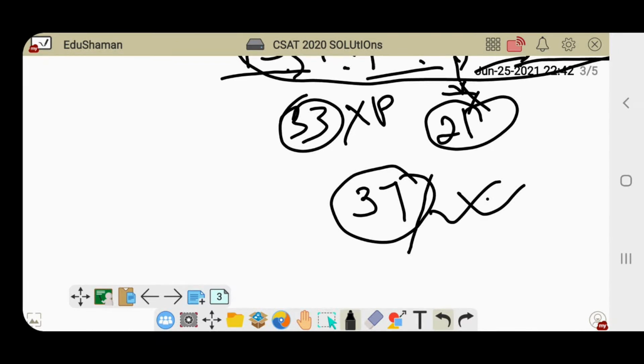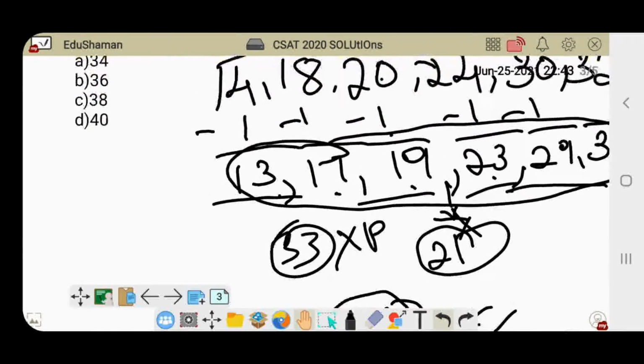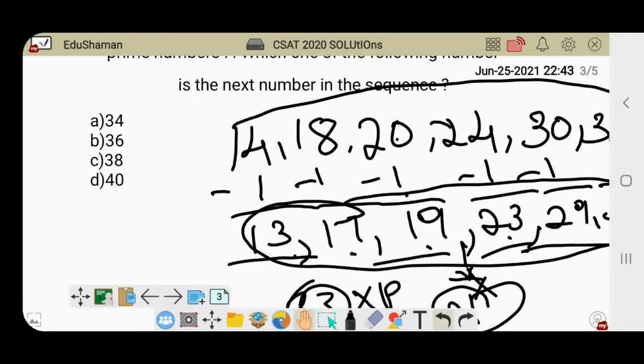So this 37 results from subtracting 1 from a number in the original sequence. So x minus 1 would be 37. Here we have seen that the original sequence is reduced by 1 to get these prime numbers.